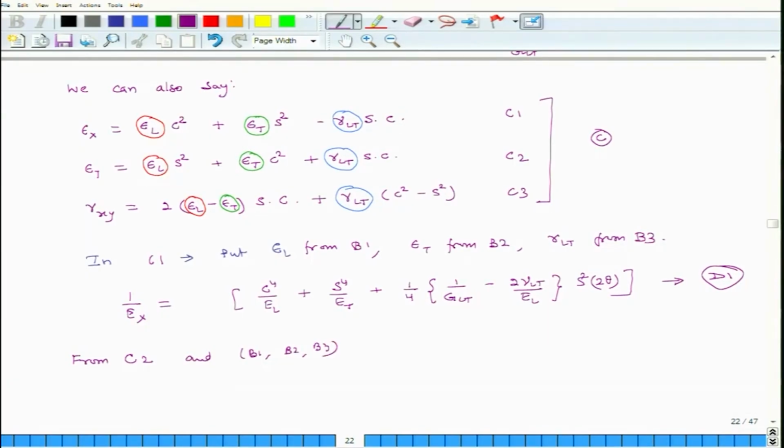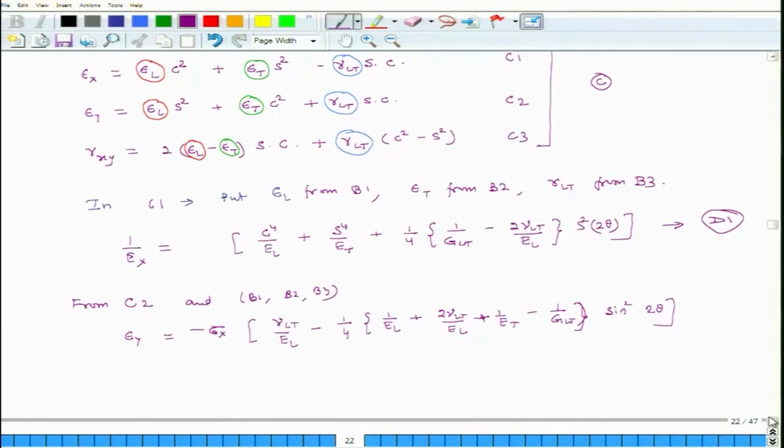In equation C2, we plug the values of epsilon L, epsilon T and gamma LT, and we get epsilon y equals minus sigma x times gamma LT over EL minus 1 over 4 times 1 by EL plus 2 nu LT by EL plus 1 over ET minus 1 over GLT times sine square 2 theta.